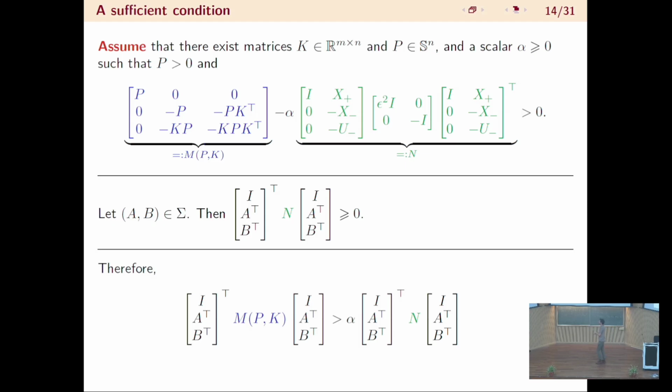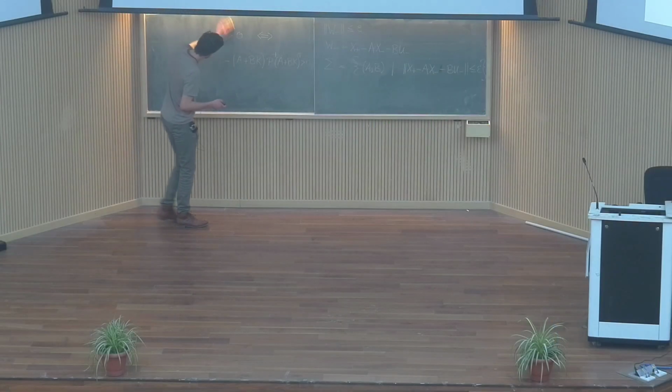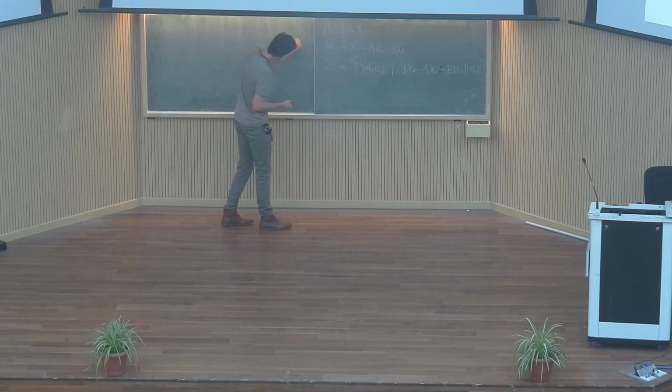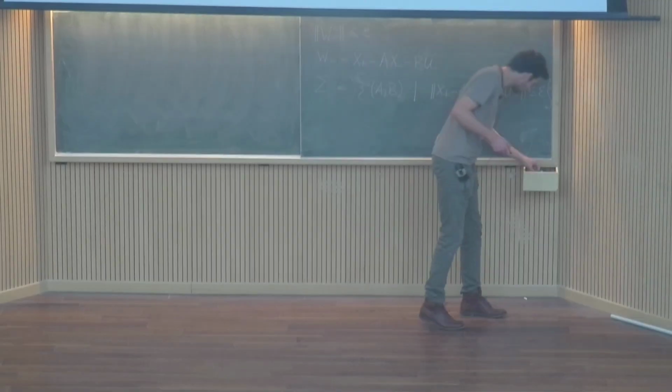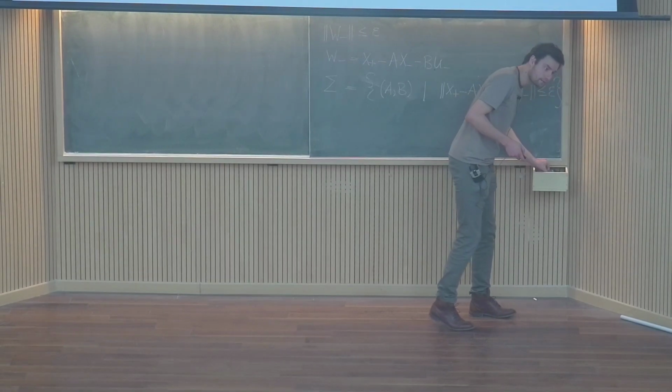Now, let's see what happens. First of all, let me make some definitions. The matrix in blue, let me call that M of P and K. And let's call the matrix in green N. So what happens? Well, we started with this matrix inequality, right?